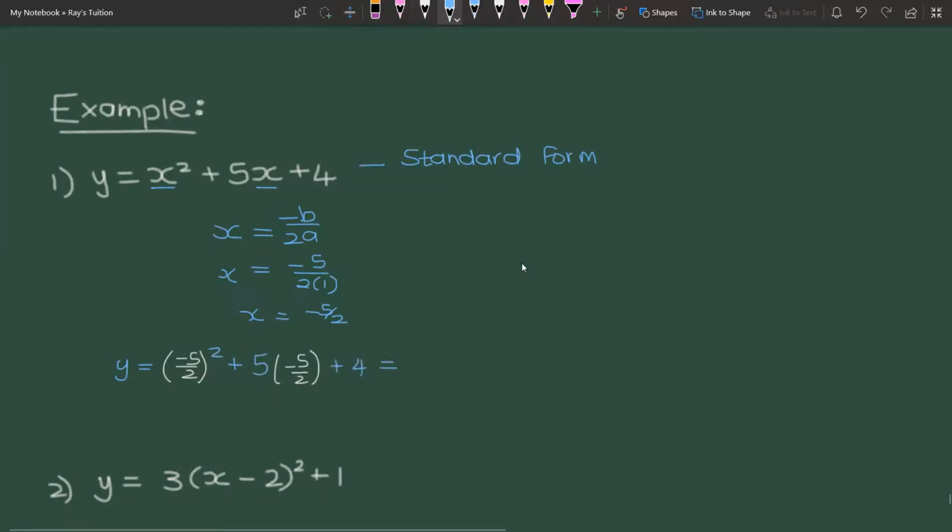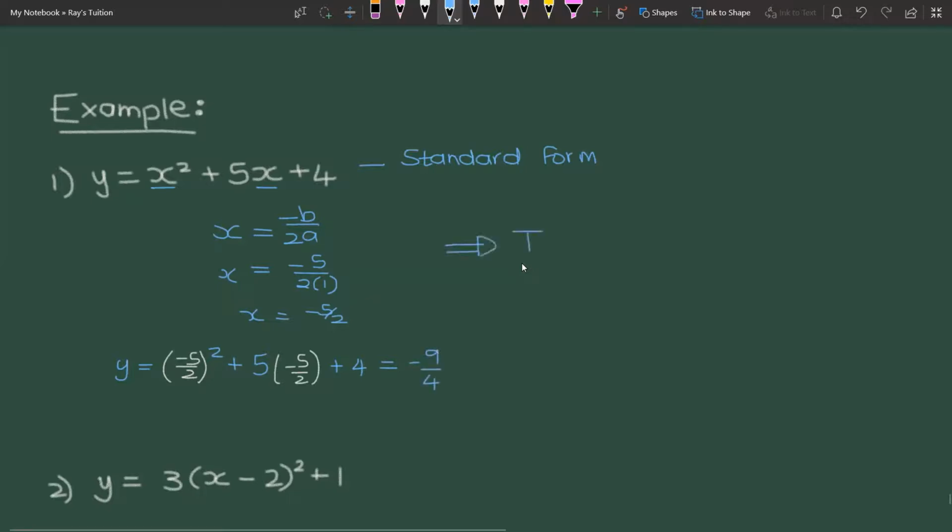So what we have done, and this is very important that you make sure you know how to do this, is to get the y coordinate. If we have the x coordinate, it means what we have to do is substitute that x coordinate back into the original equation to get the answer. So then this here is minus 9 over 4.